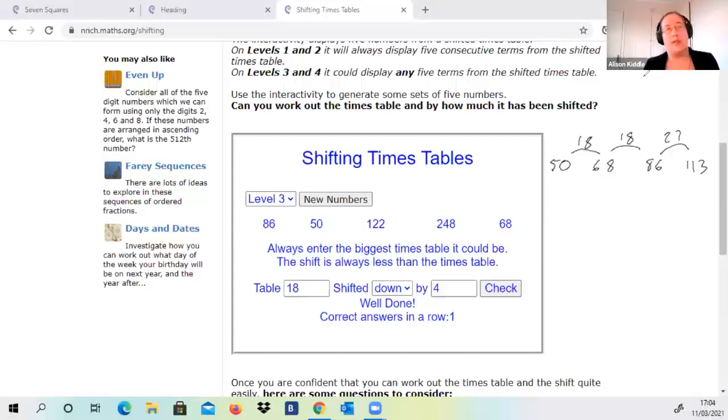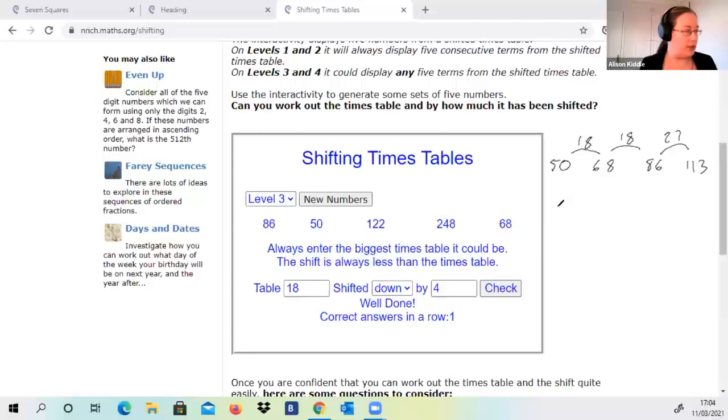So they're familiar with the idea of a times table, and so we just introduce an extra step onto that, which is the idea of a shifted times table. And they can talk about those sequences confidently by talking about what the times table is and what the shift is. But then it's just a small step for us to start introducing the notation, because we say, well, calling this the 18 times table shifted down by 4 takes me quite a long time to say, and it would take me quite a long time to write.